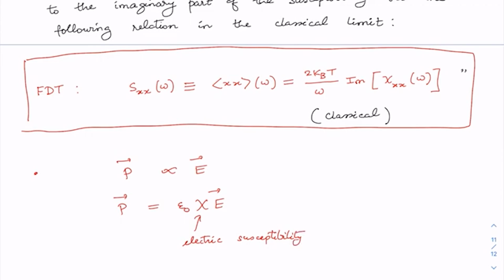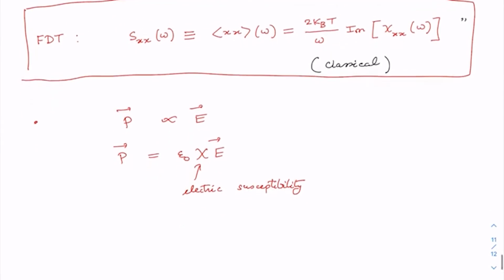Okay, so what happens is that this polarization is sometimes very strong at a particular frequency of the electric field, and hence it is also written in this form, that the polarization is very strong at this particular frequency corresponding to the application of the electric field at that frequency, and this proportionality constant would be chi of omega.